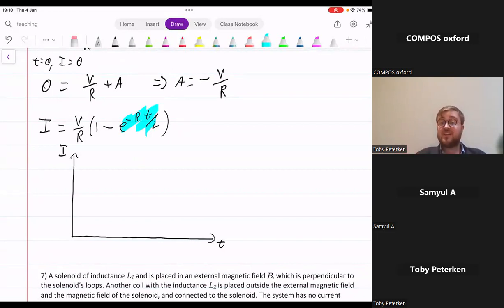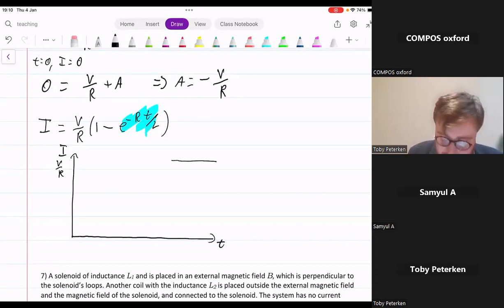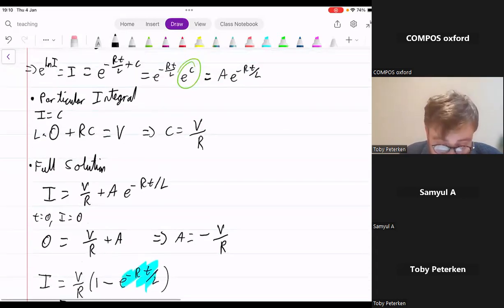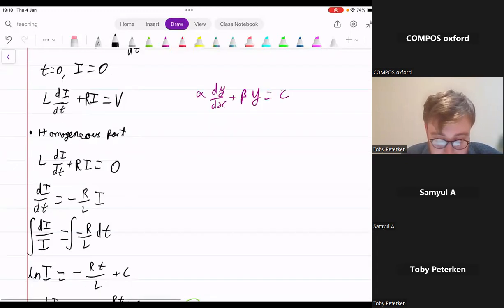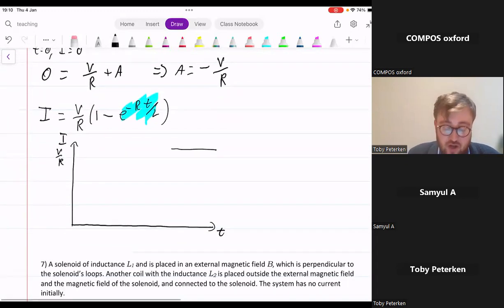So it does essentially nothing. So at very large times, the current is just V over R, which is exactly what it would be without the inductor. It would just be V over R. So this means at large times, when the current is steady, the inductor's doing nothing.